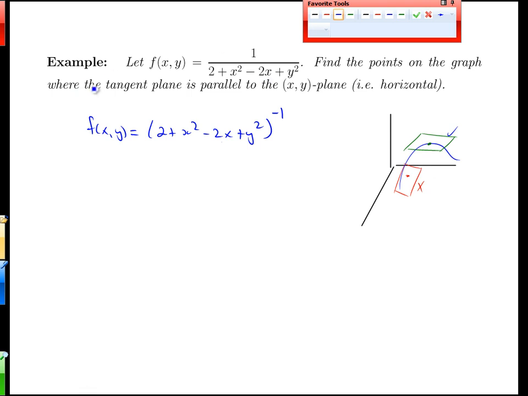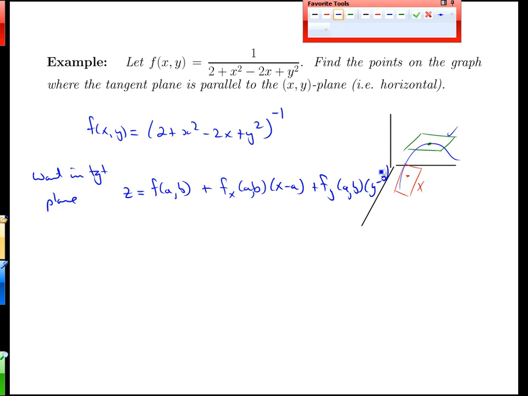All right, so what are we looking for? Find the points on the graph where the tangent plane is parallel to the xy plane. So we could do this two ways. We could build the tangent plane formula, or we could recognize what we want, which is in the tangent plane z equals f of (a,b), that's fine, plus f sub x of (a,b) times x minus a, plus f sub y at (a,b) times y minus b.